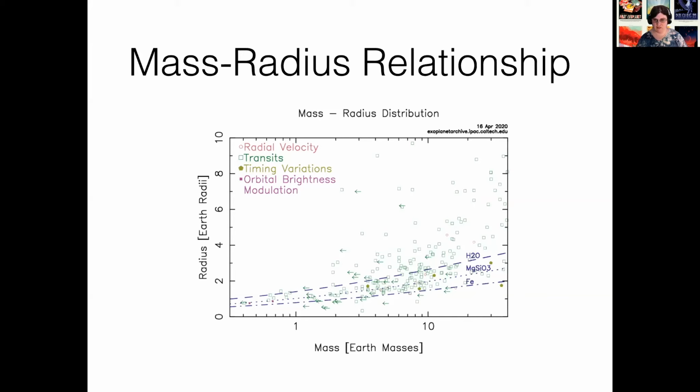They're kind of in between the iron and the water line. So they tend to be made of iron, rock, maybe some water. Planets outside of Neptune, which is about 15 Earth masses, are shifting up above those lines for iron and rock.